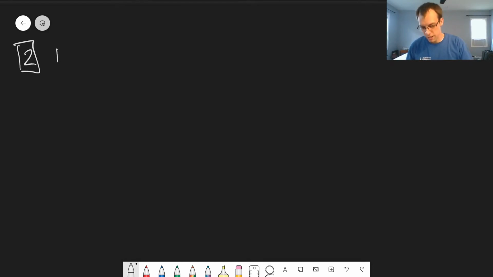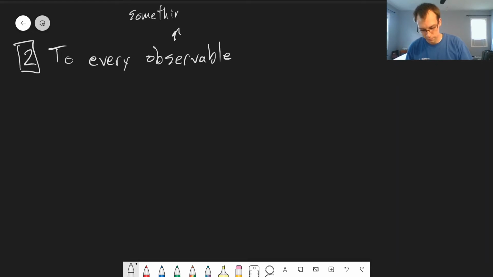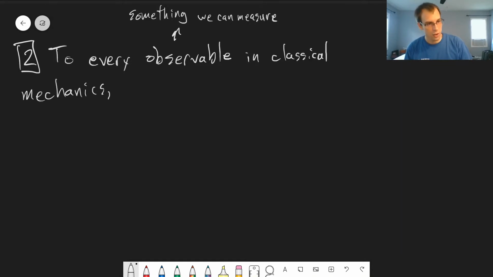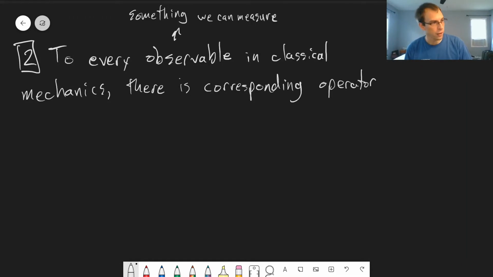And so the postulate states that to every observable, meaning something we can measure, so to every observable thing that we can observe about a system in classical mechanics, so this would be like Newton's laws and things like that, there is a corresponding operator in quantum mechanics.